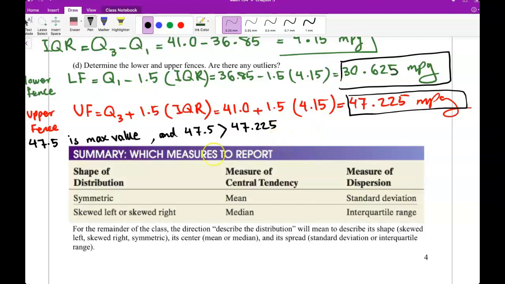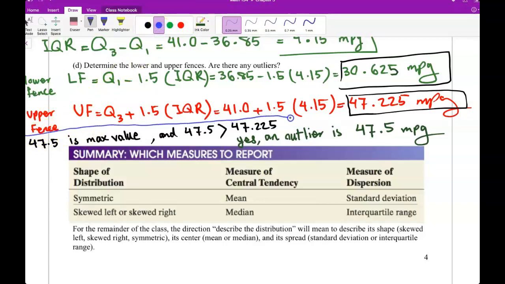That's why we have an outlier, and the outlier is 47.5. So the answer for this part is yes.